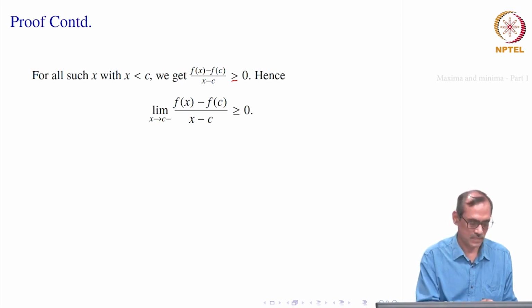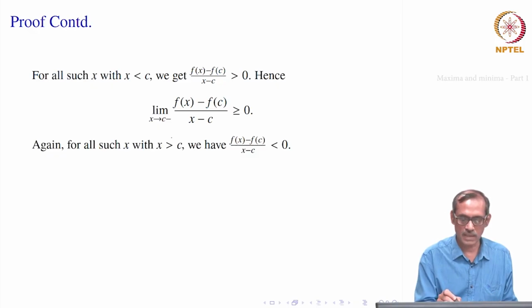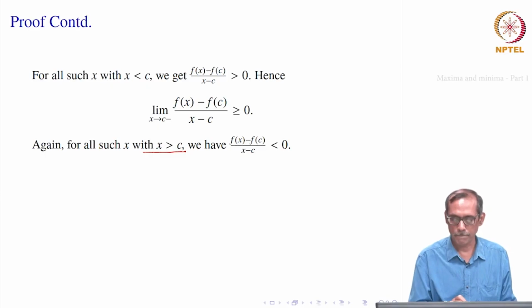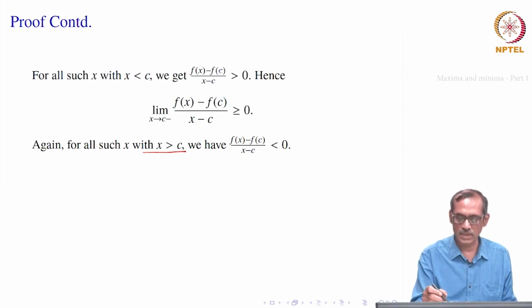Similarly, if you take the right neighborhood, that is, consider all x with x bigger than C, then again the same inequality happens, f of x is less than or equal to f of C because f of C is maximum. So, f of x minus f of C on the top is less than or equal to 0, but x is bigger than C, so x minus C is greater than 0.